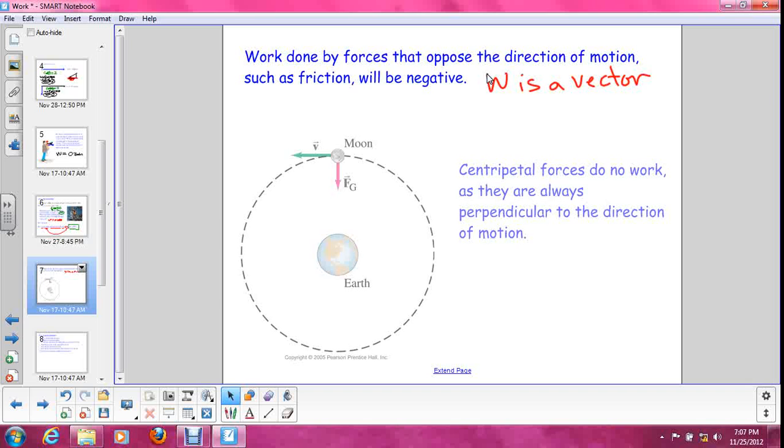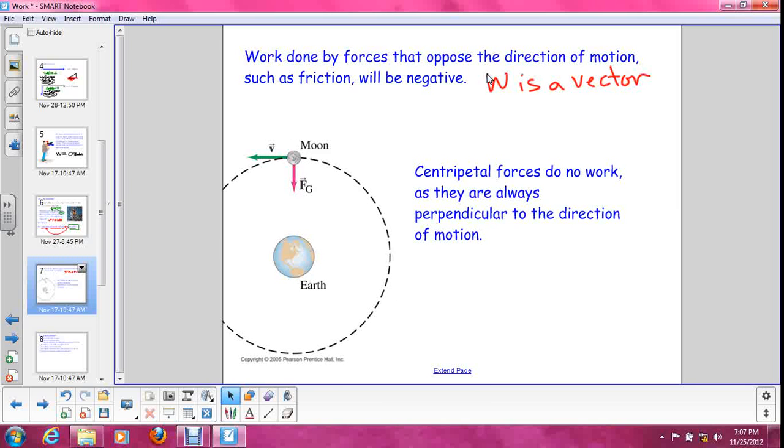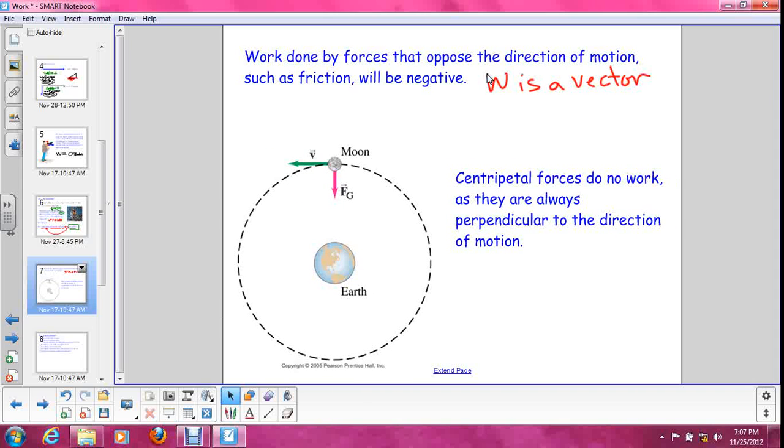And it turns out centripetal forces, or forces that keep something moving in a uniform circular pattern, do no work, ever, because they're always perpendicular to the direction of motion. So if you look at the Earth and the Moon here, the Moon is moving straight to the side. It moves tangentially to its orbit.